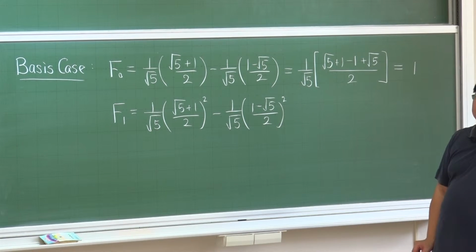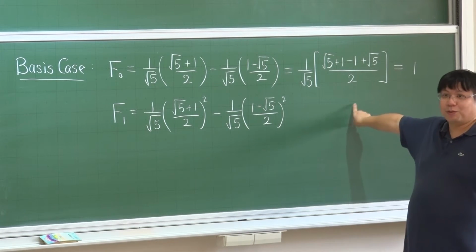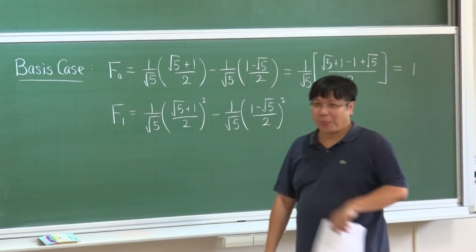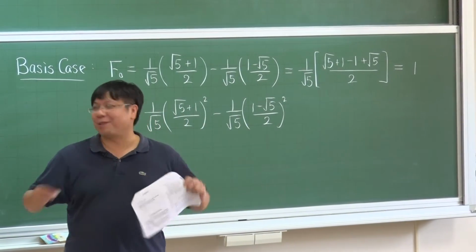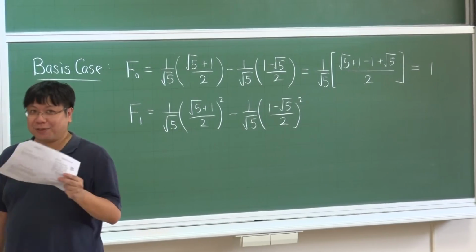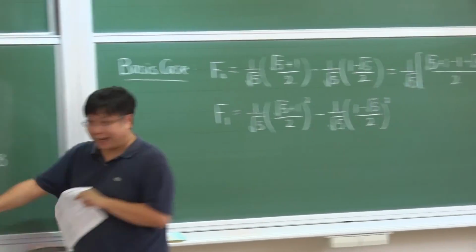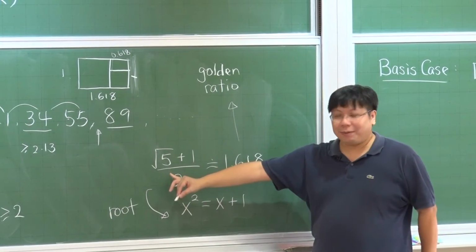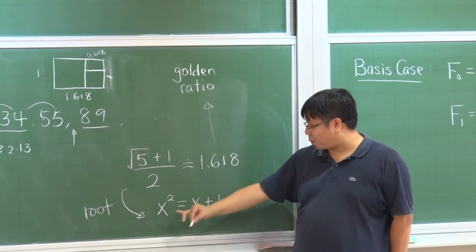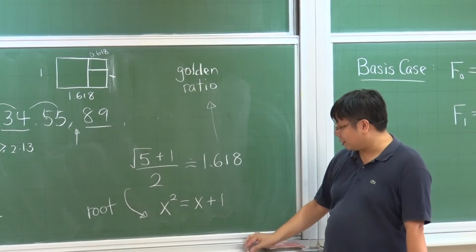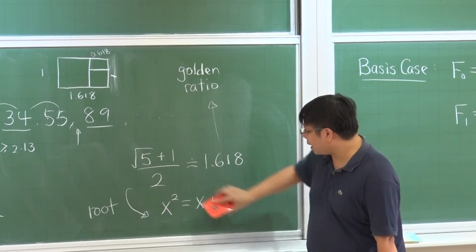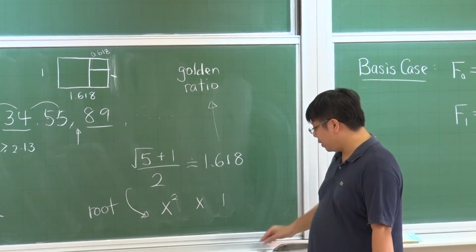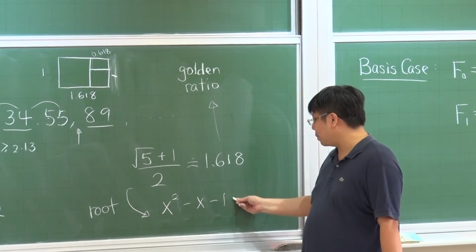If you trust me, then this is equal to 1. If you want to do the derivation yourself, okay, let's do something slightly cleverer. Here, I'm claiming that this is the root of x squared equals x plus 1, that is, the root of x squared minus x minus 1 equals 0.